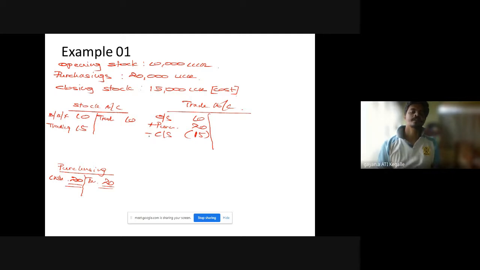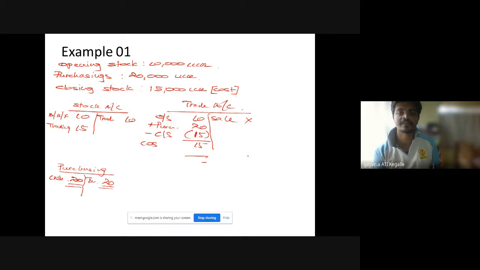Okay. Now cost of sales we can identify as 30, 15. Here we can have sales. Then the balance we can identify as gross profit.